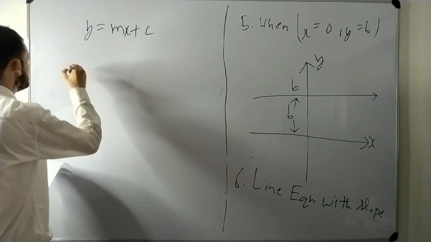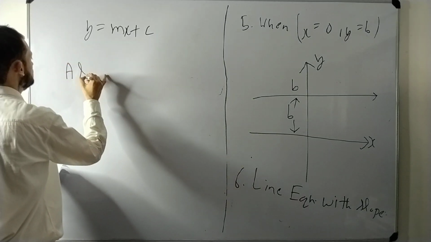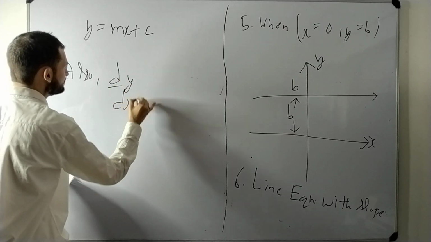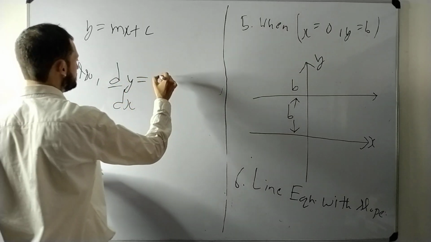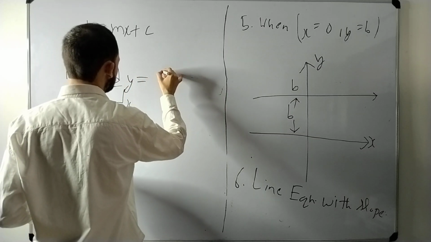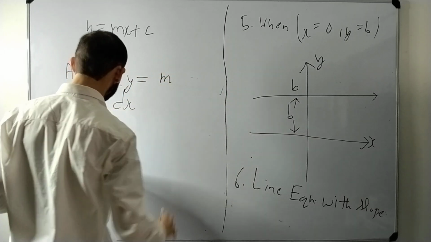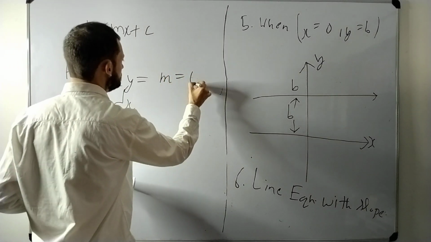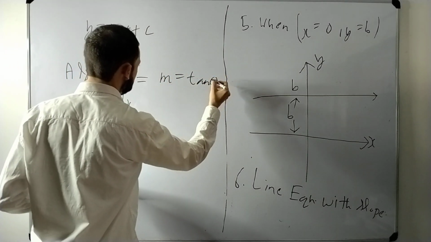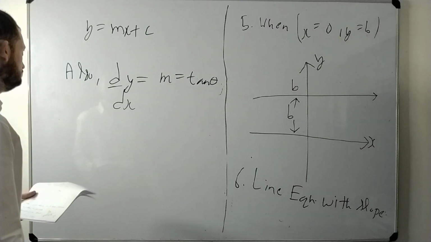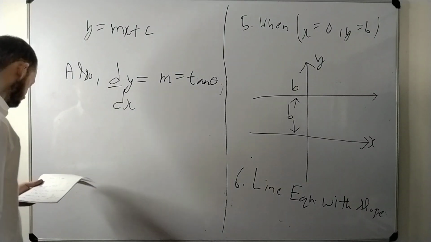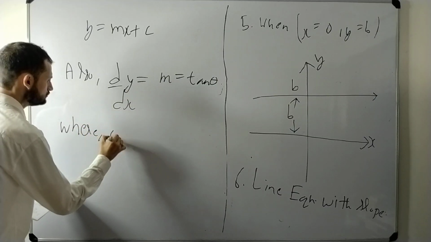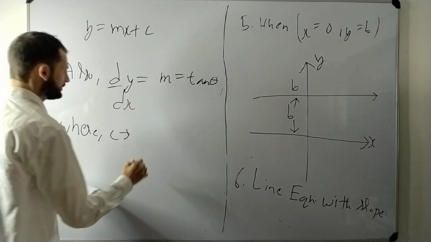So I would also write dy by dx, or differentiation of y with x, gives m. We will discuss differentiation later, but for now this happens to be tan theta, where c is the intercept.